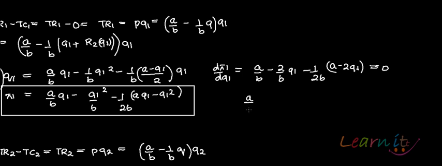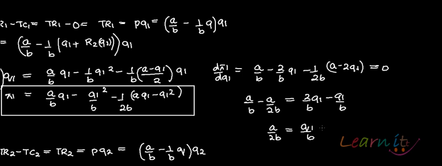Simplifying this, you get A by B minus A by 2B equal to 2 by B Q1 minus Q1 by B, I'm so sorry, minus Q1 by B. Simplifying further, you'll have A by 2B equal to Q1 by B, or Q1 is equal to A by 2.